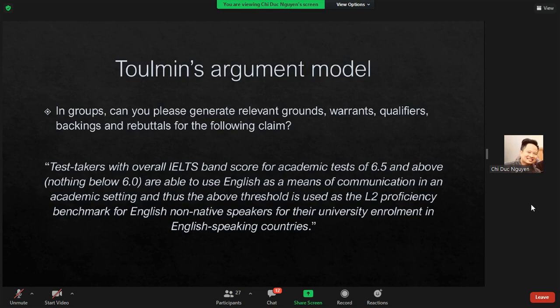So is this enough for you to believe and be persuaded about this claim? Or is there any kind of underlying assumption that we have to make sure of before we can justify the claim?